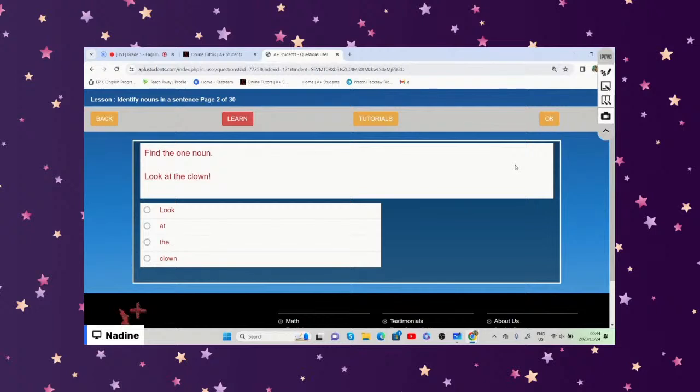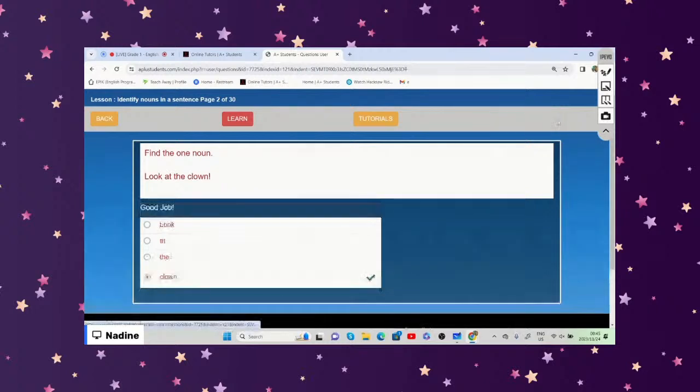We need to identify the noun. And yes, if we identify a noun, it's the clown. It's the same as saying it's a girl, it's a boy, it's a clown. And the clown we have identified.